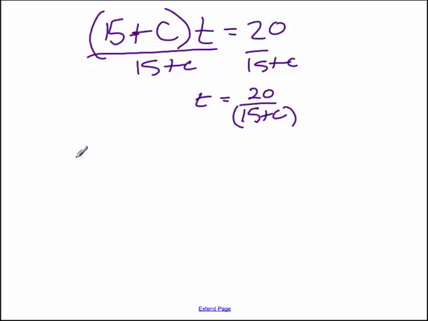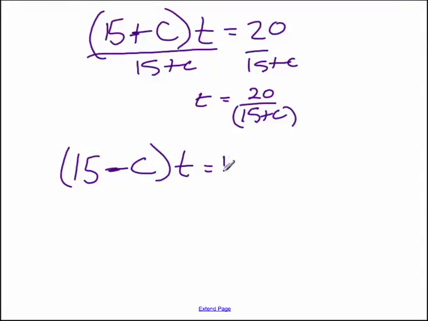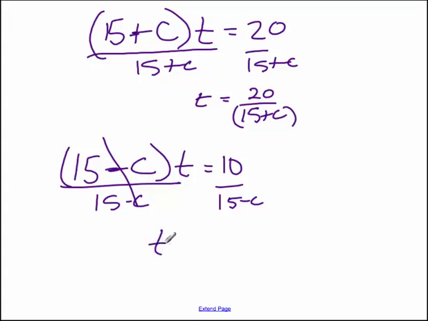Against the current, we're going to subtract the current from 15, that's his rate, multiplied by time, and how far does he go? He goes 10 miles, right? And we'll solve this one for t. Just divide both sides by 15 minus c. These cancel. So our time is equal to 10 divided by 15 minus c.